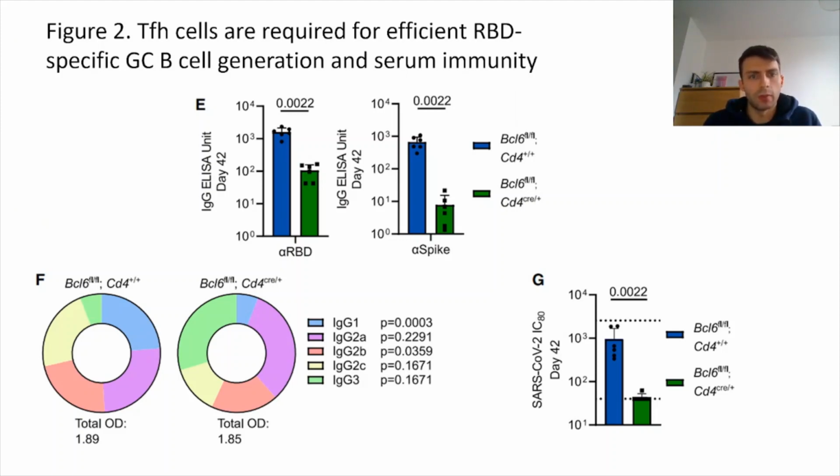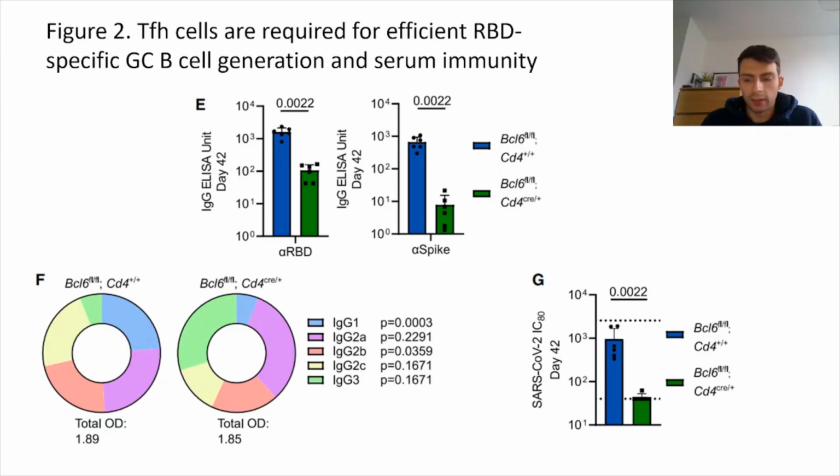So we took serum at day 42, and we looked for RBD or spike-specific IgG in the serum of these mice. And what you can see is that mice with CD4 Cre BCL6 flox active have a greatly reduced amount of IgG, both for anti-RBD and for anti-spike.